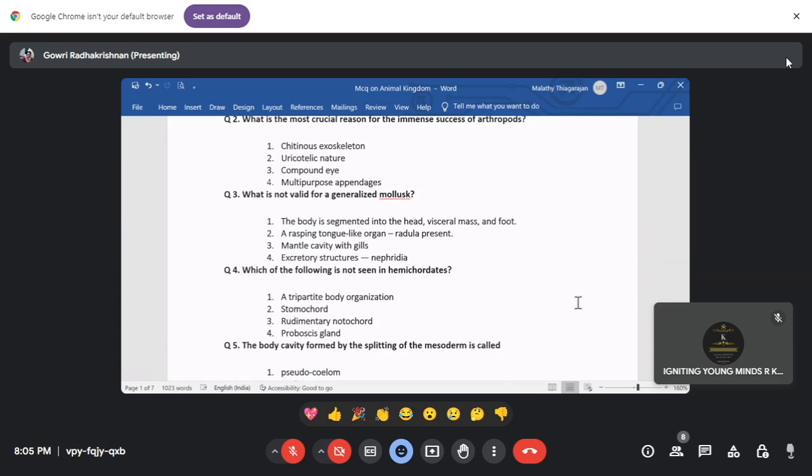See, the hemichordates have a body plan typically consisting of three central regions: the proboscis, collar, and trunk. But this tripartite body organization differs from the other organism segmentations. That's why we say option 1 is the correct answer for this one.